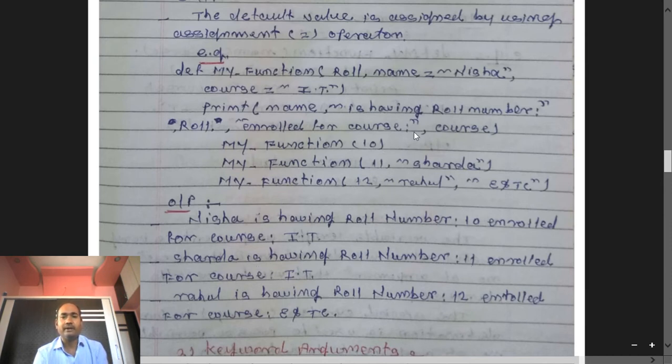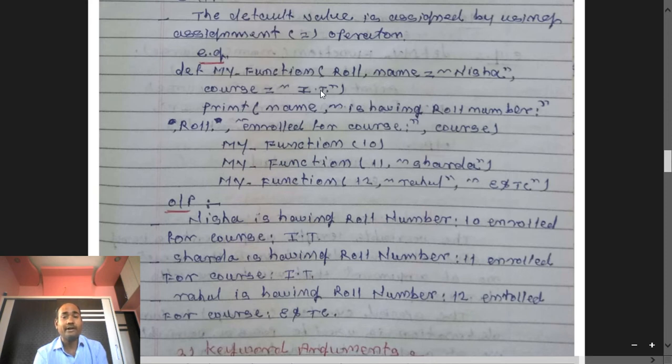So what happens here in the first function call: the remaining two values, roll is taken from here as 10, name is Nisha, and course is equal to IT, which is taken by default. In the second output, roll number 11 and name Shraddha are taken from the function call, and course IT is taken by default.